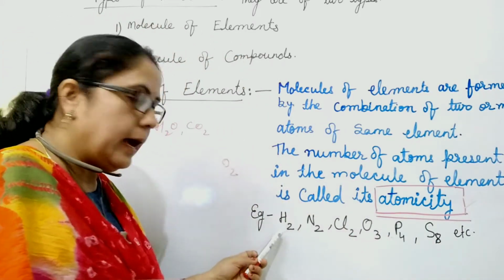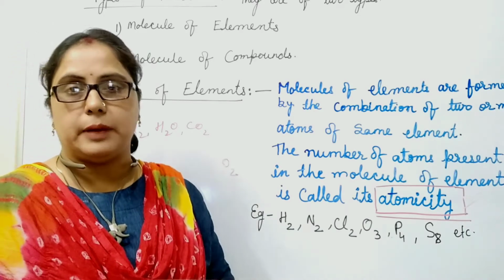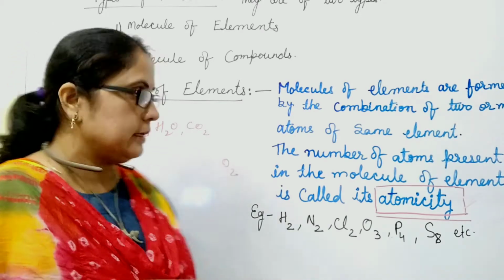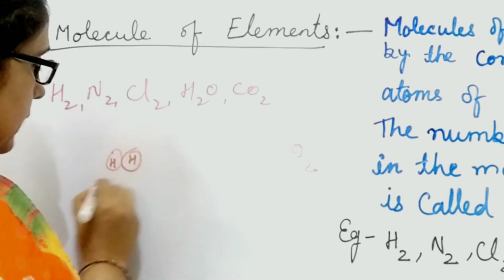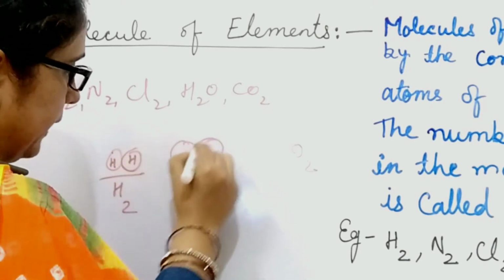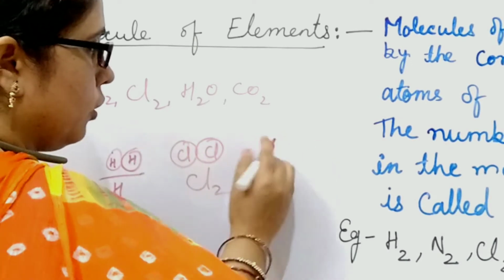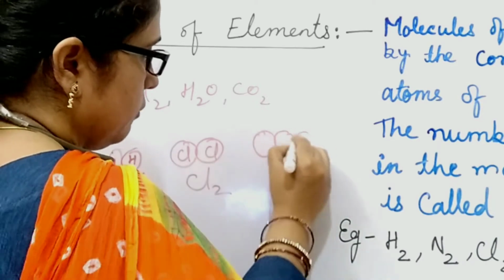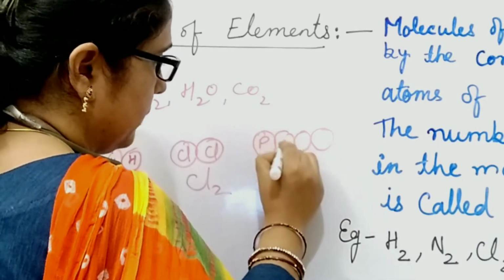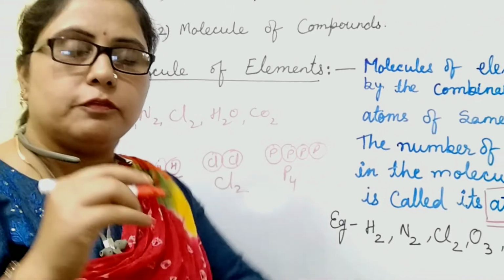For example, in hydrogen H2, there are two atoms of hydrogen combined together by attractive forces. When two hydrogen atoms combine, they form H2. Two chlorine atoms combine to form Cl2. Similarly, four phosphorus atoms combine to form P4, one molecule of phosphorus.